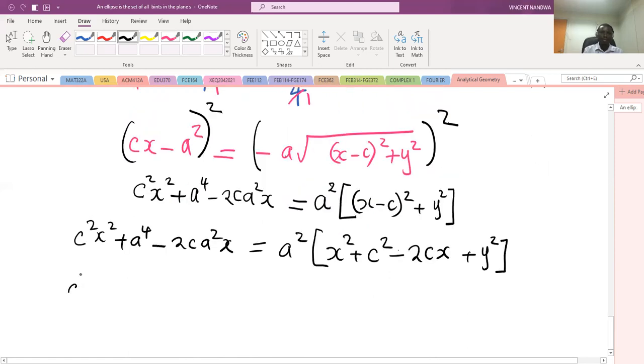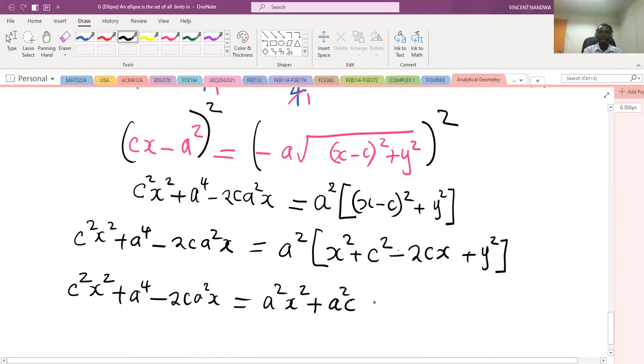So we have c squared x squared plus a power 4 minus 2c a squared x equals a squared x squared plus a squared c squared minus 2c a squared x, and then plus a squared y squared. Just multiplying a squared by every term here.